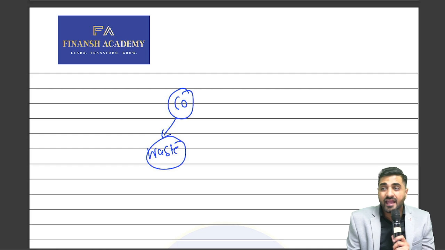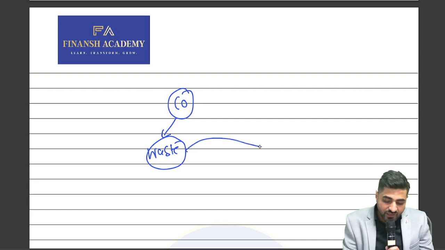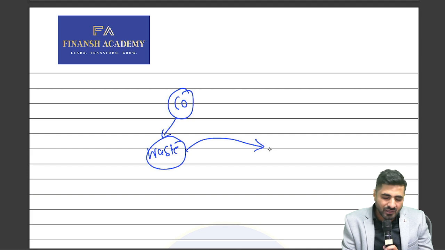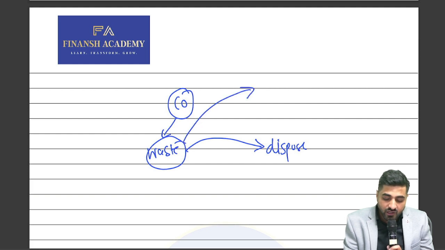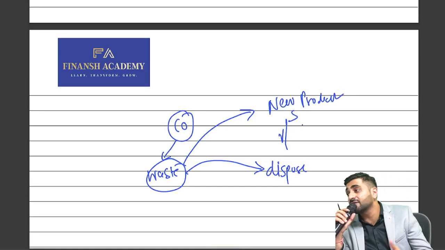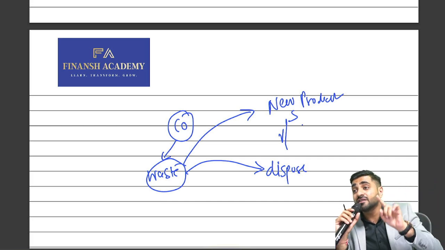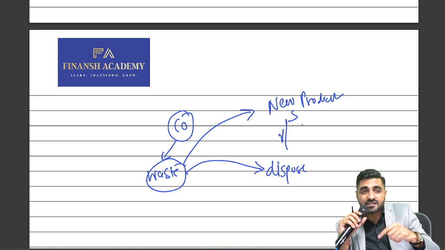At present, the question is whether we should dispose of this waste or whether we should convert it into a new product. That is the summary of this particular question. What should be done with the waste? Whether we should dispose of the waste or convert the waste into a new product.